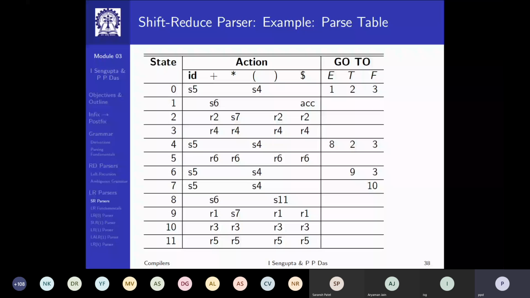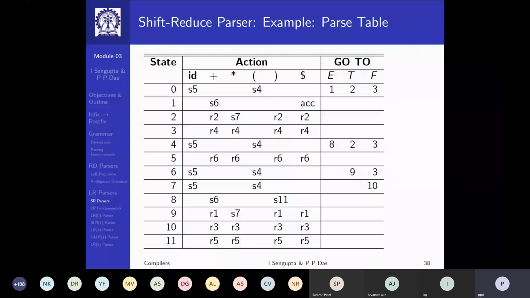And then I put back E, which is the left-hand side. And when do I do that? I do it in state 9 if my input symbol is closing parenthesis. I do it in state 9 if my input symbol is plus. I do it in state 9 if my input symbol is dollar. And in none of these cases do I change anything in the input, because I'm just doing a reduction.